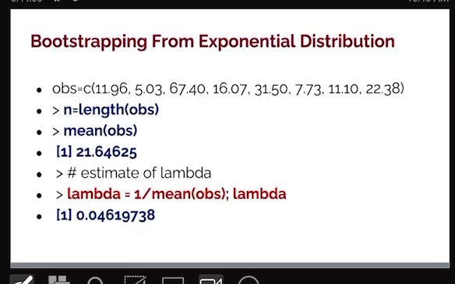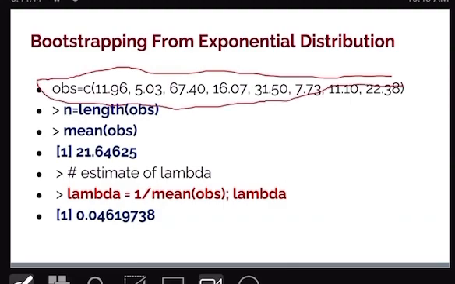I have observations given. And when I find the maximum likelihood of the exponential distribution, the lambda is 1 over the mean.